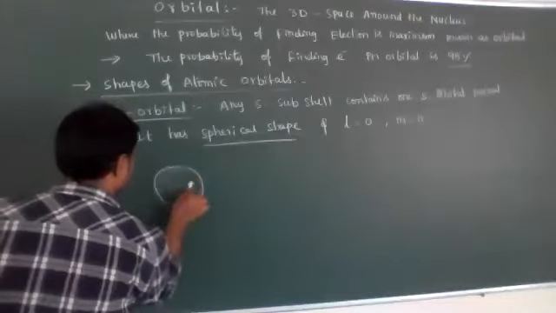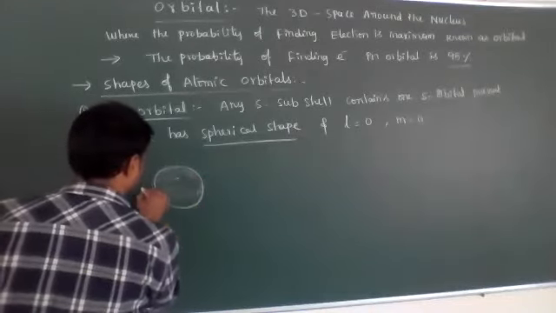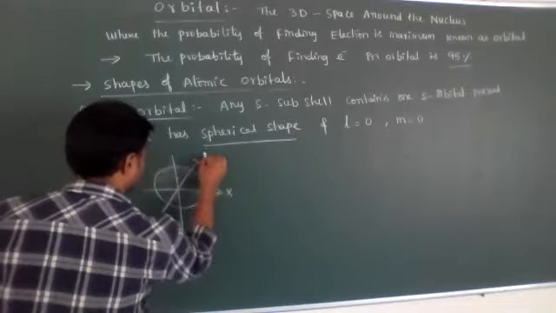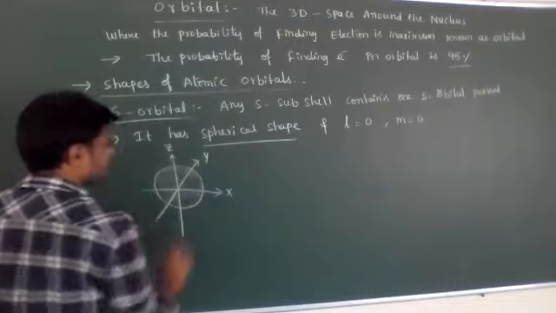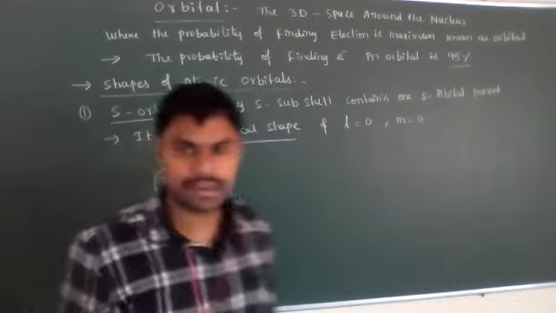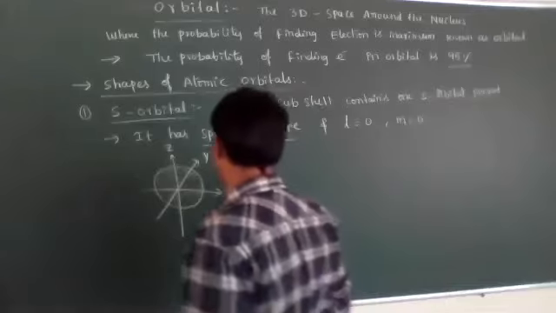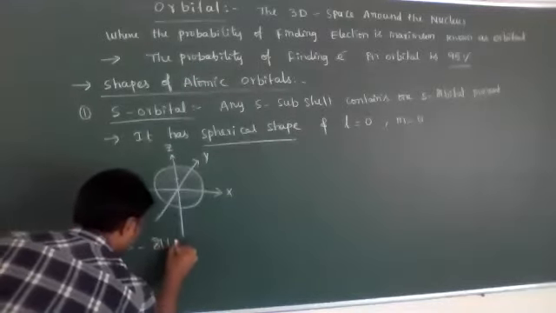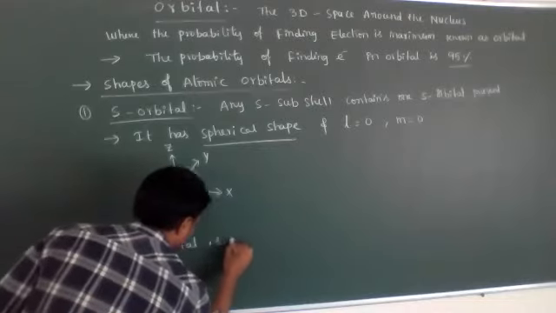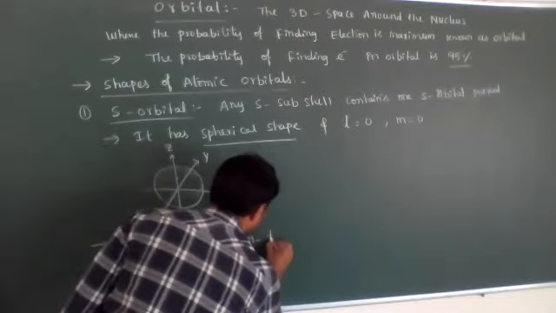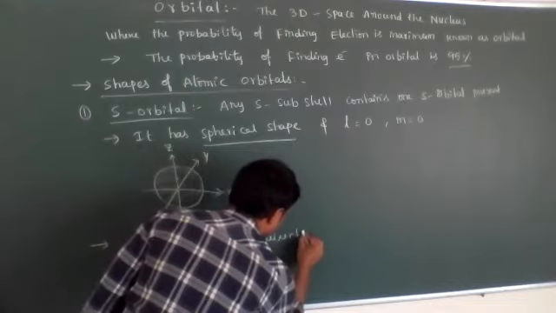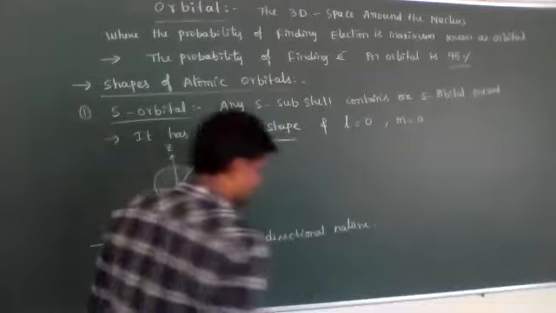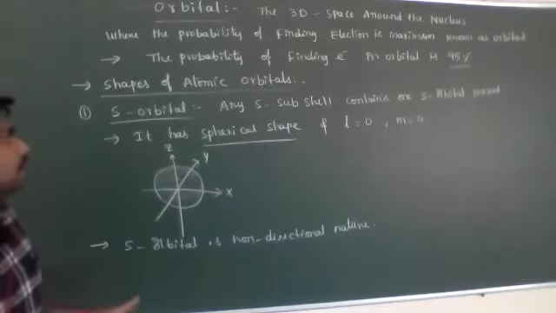This is the spherical shape, with the x-axis, y-axis, and z-axis. So this is the s orbital shape, spherical, and it is non-directional in nature.